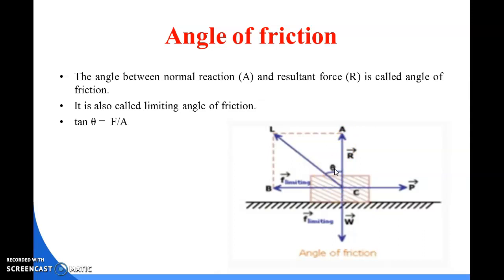So the angle between the normal reaction and the resultant force, which is provided in between normal reaction and limiting friction, that ratio is known as the angle of friction. So here tan theta is equal to F by R, where F is limiting friction or friction and R is the normal reaction of the body.